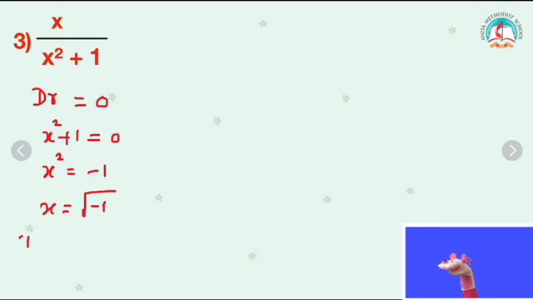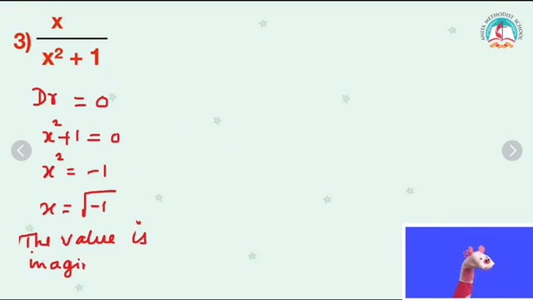But we want the value for x. So x square moved to the other side will become square root. So x is equal to square root of minus 1. That will become an imaginary value, because square root of plus 1 is 1, and square root of minus 1 will become i. That is an imaginary value.